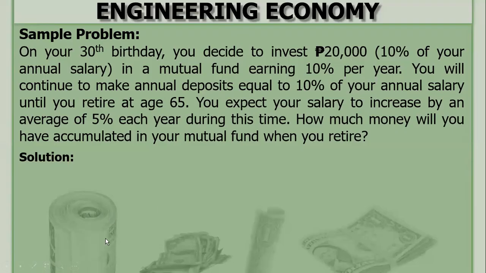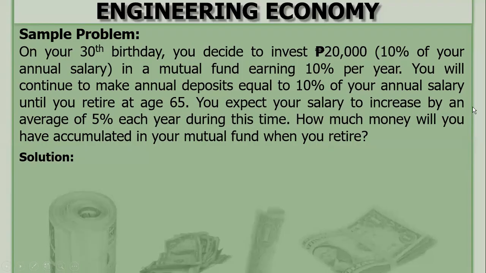So the interest rate is 10% per year. You will continue to make annual deposits equal to 10% of your annual salary. This one is 10%, do not get confused, of your annual salary, until you retire at age 65. Again, you start at your 30th birthday and end at age 65.